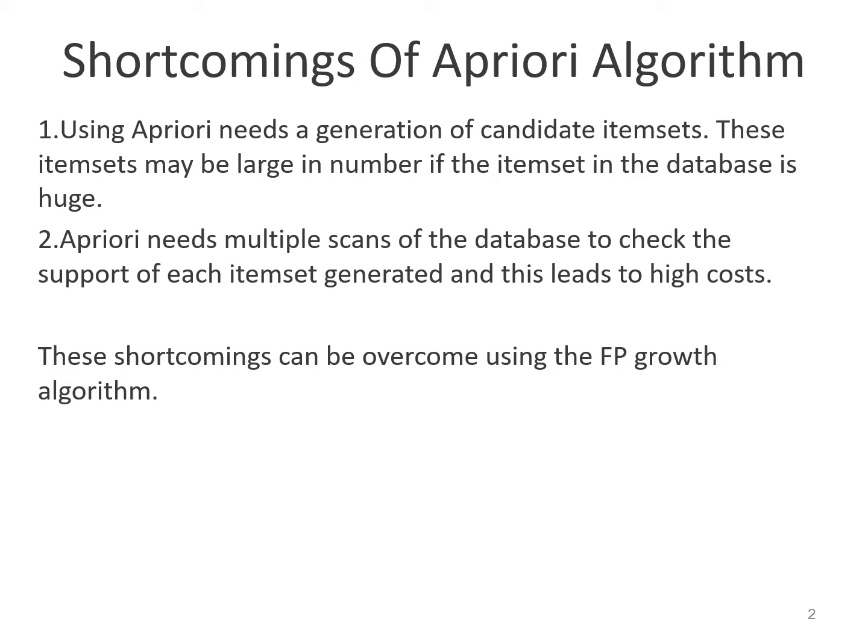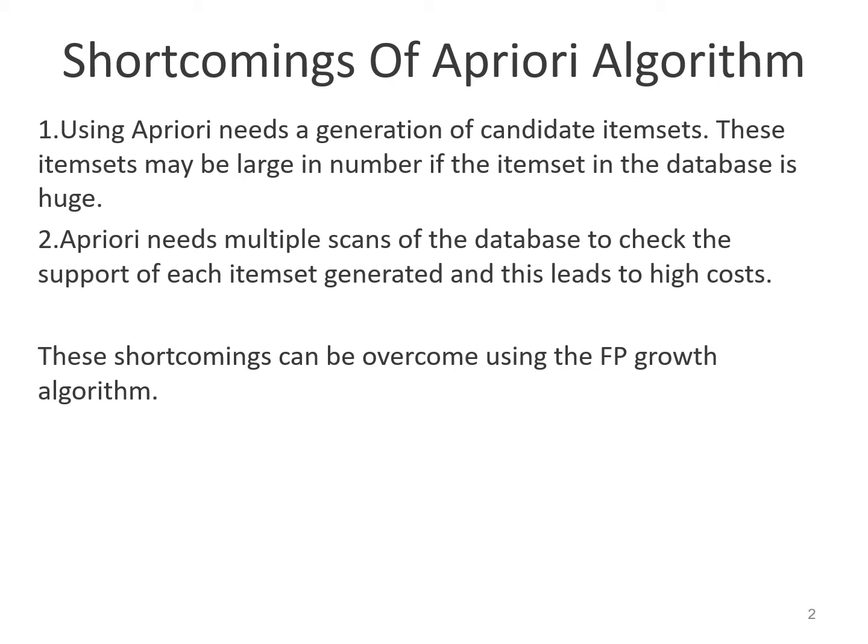So first we will discuss some shortcomings of the Apriori algorithm that the FP growth algorithm has overcome. Using Apriori needs the generation of candidate item sets. As I hope you are already familiar, with each step the Apriori algorithm has to generate candidate item sets.